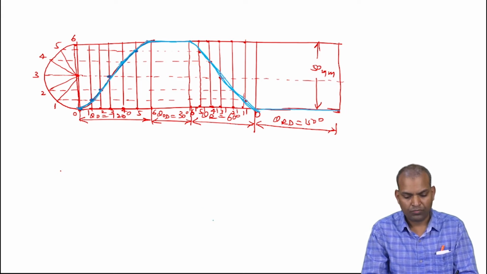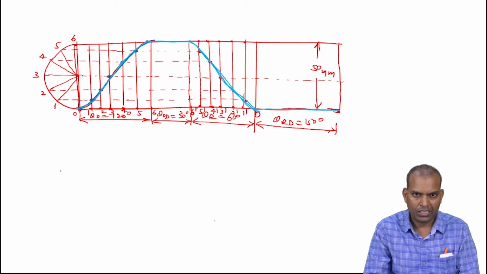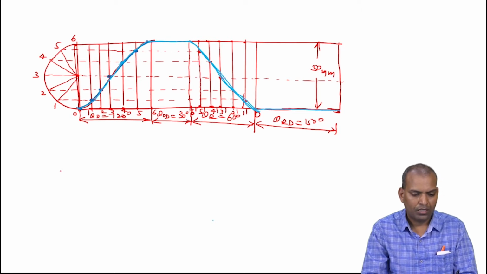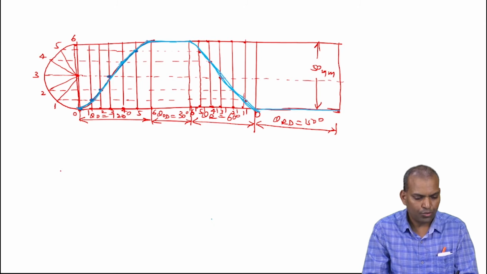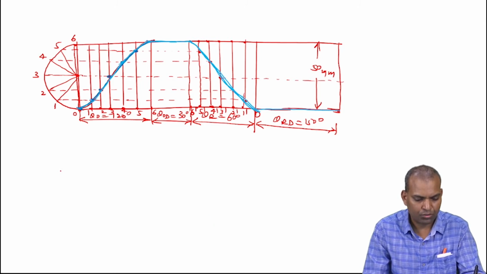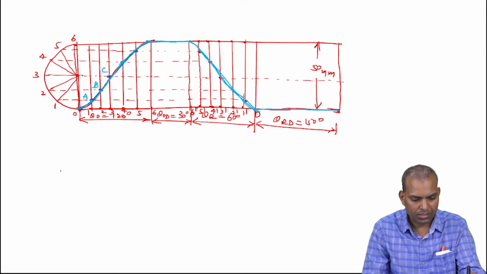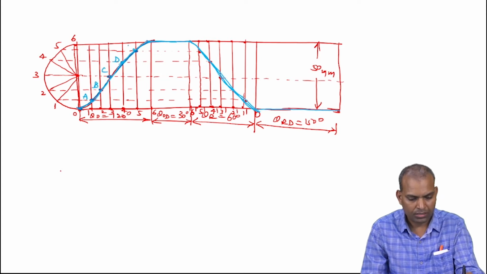Dwell during return is 150 degrees, with a lift or stroke of 50 millimeters. So you can mark these intersecting points as A, B, C, D, E, F, and then G, H, I, J, K, L, M.